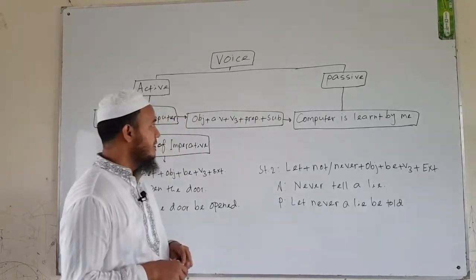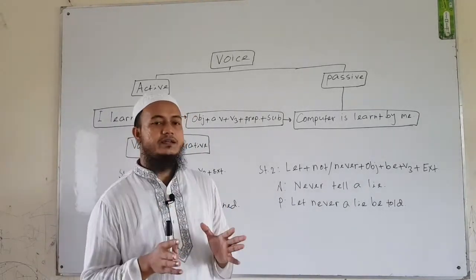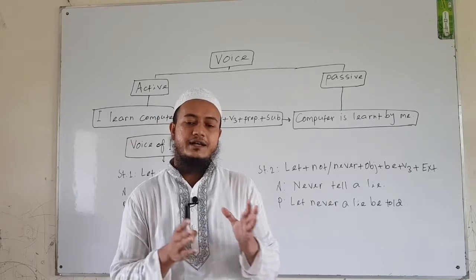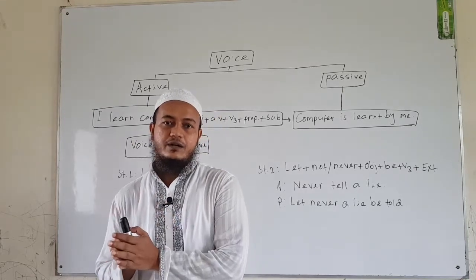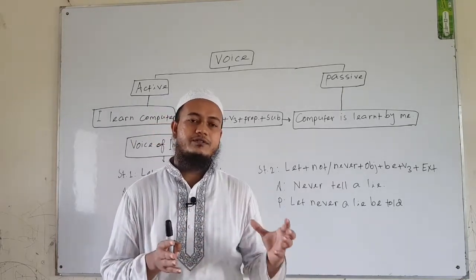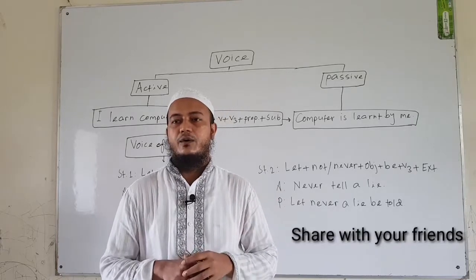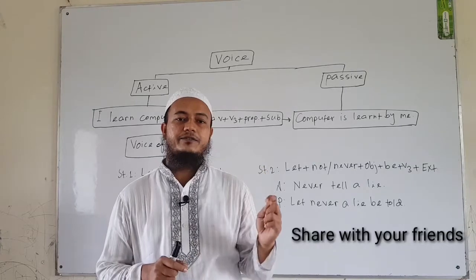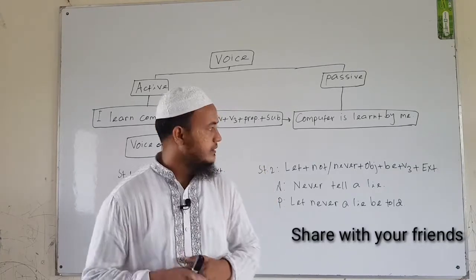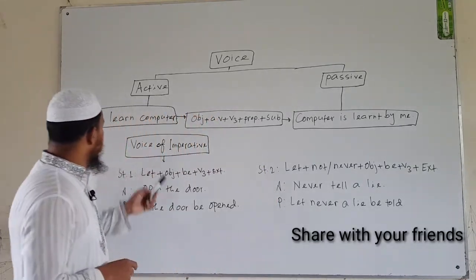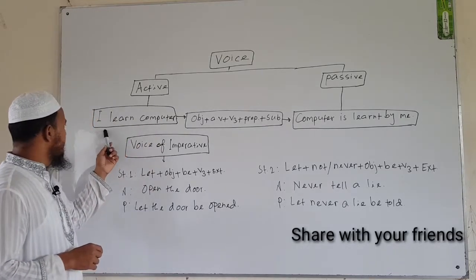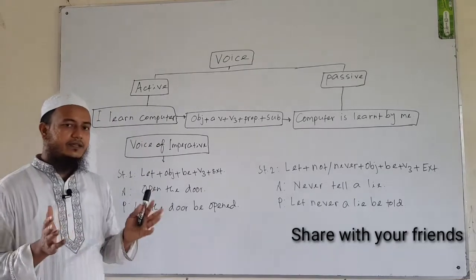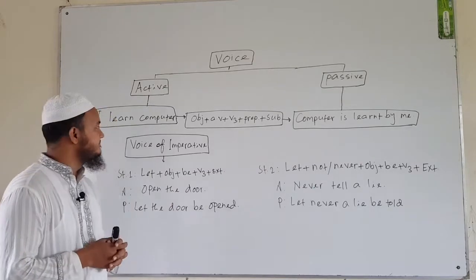So normally when the subject of a sentence does the action of the verb or performs the action of the verb, it is called active voice, and in passive voice the subject doesn't perform the action of the verb directly. Look at this sentence, I learn computer. So what do you think, is it passive voice or active voice?